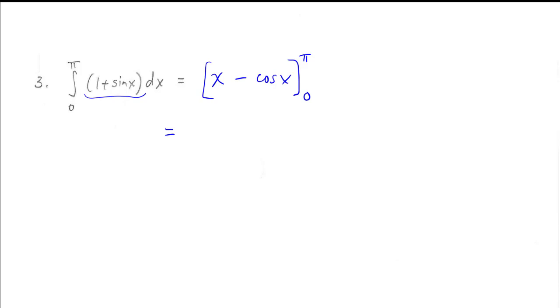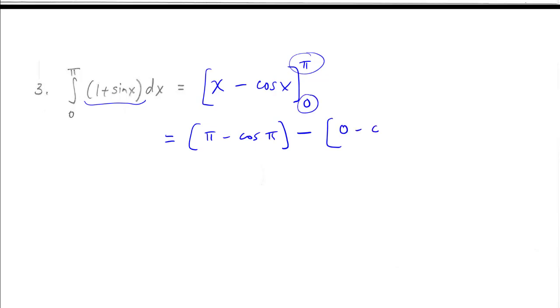Which means I'm going to do it all at pi first. So pi minus cosine pi, and subtract the evaluation at 0 now: 0 minus cosine 0.